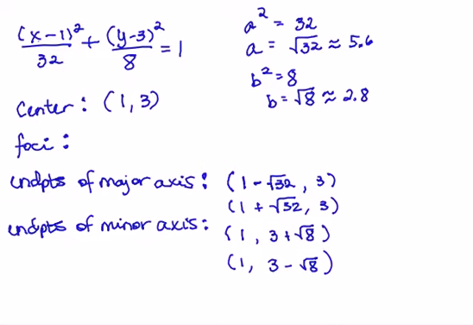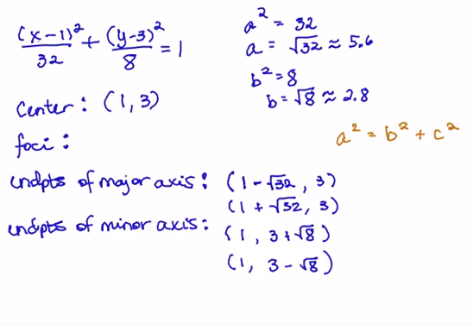So we have our center and the endpoints of our axes. We need to find the focus. Now, in order to find the focus, we need that c value. And remember, we're going to use a Pythagorean relationship, but we're going to think about which number out of a, b, and c is going to be the biggest. In an ellipse, it's the a that is the biggest. And so that means for this situation, a squared is going to be equal to b squared plus c squared.